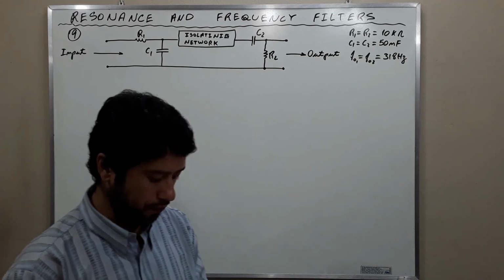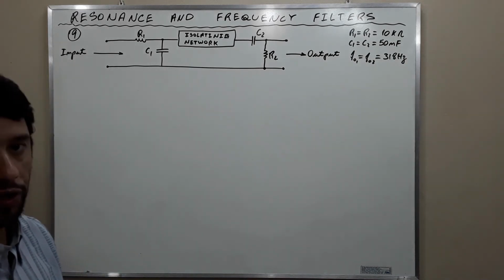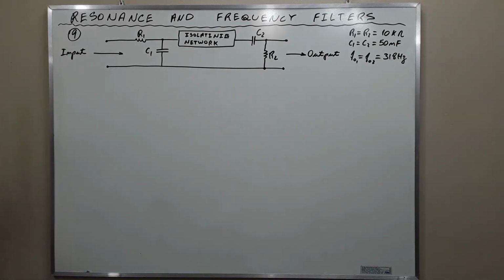Exercise 9. The circuit shown is to be used as a filter. The cutoff frequency for each RC pair is 318 Hz.